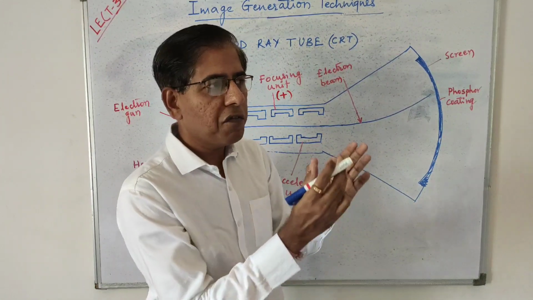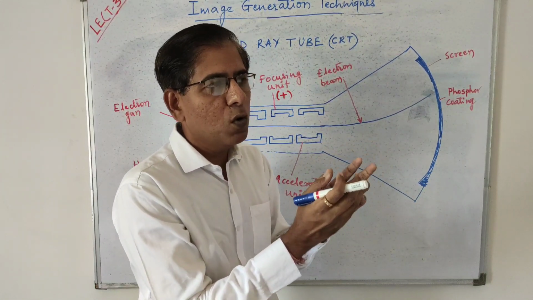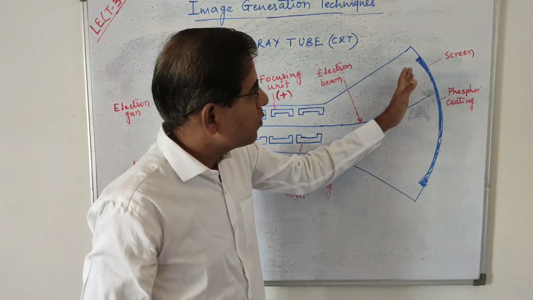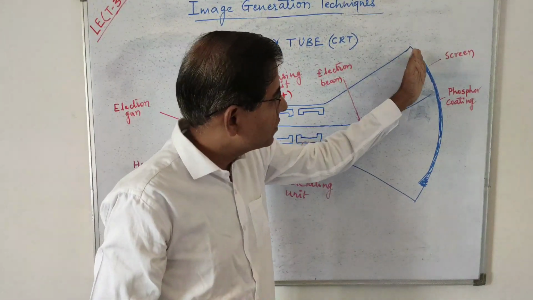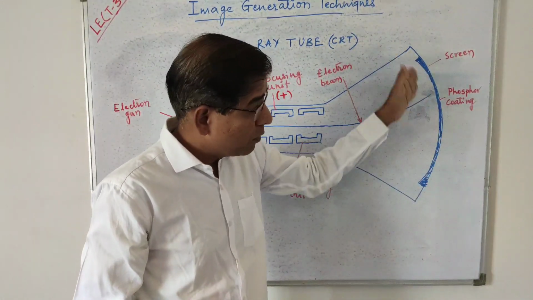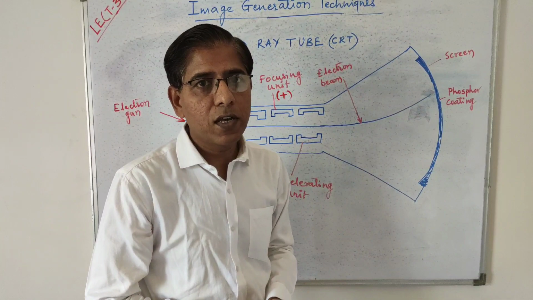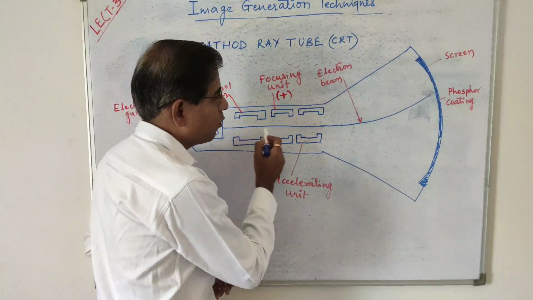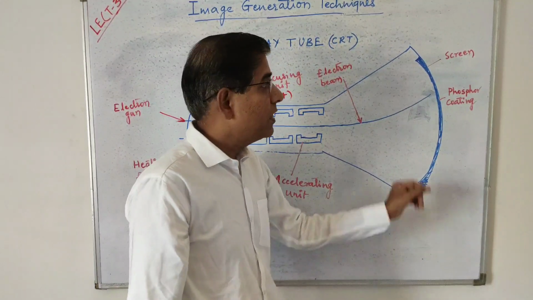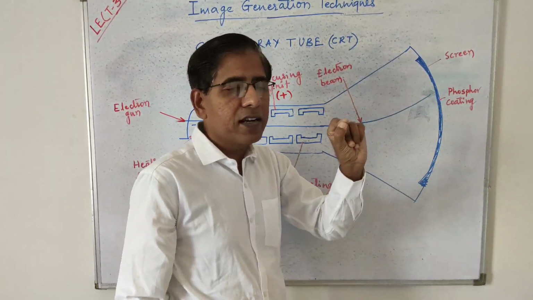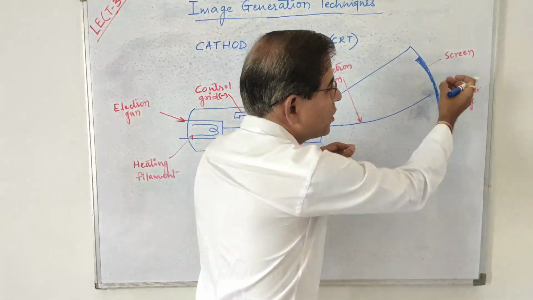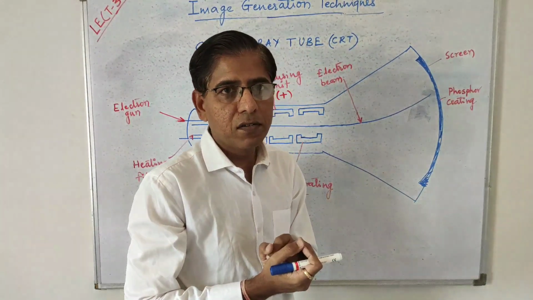So the property of phosphor is to emit light, and using that property, the screen is coated with phosphor from inside, and whenever this electron beam strikes the screen, that particular spot gets illuminated and a bright spot appears on the screen.